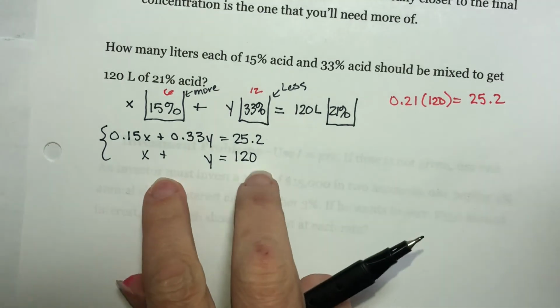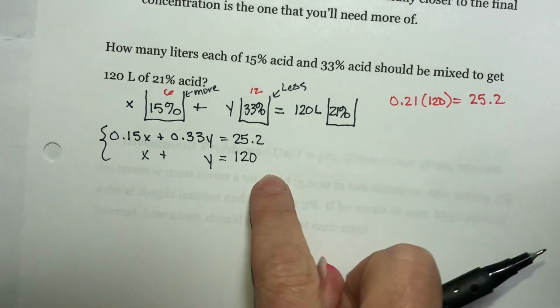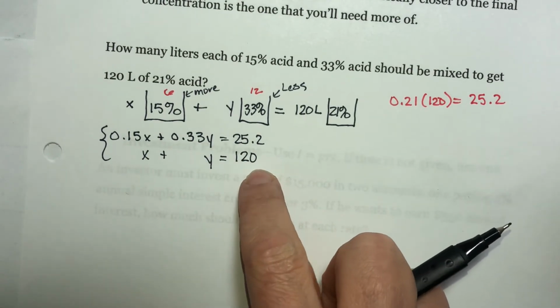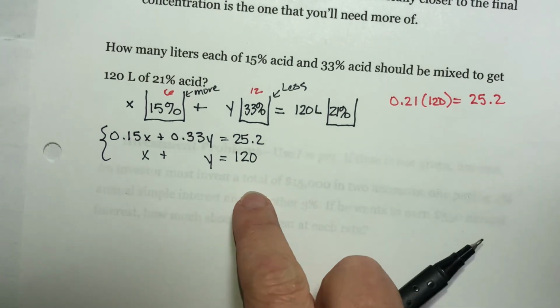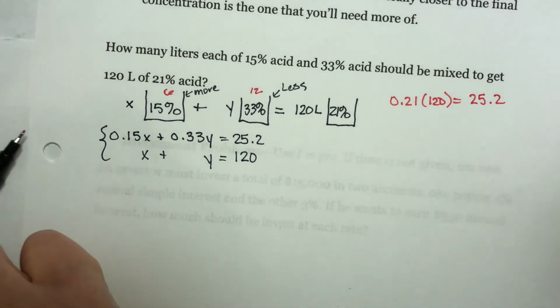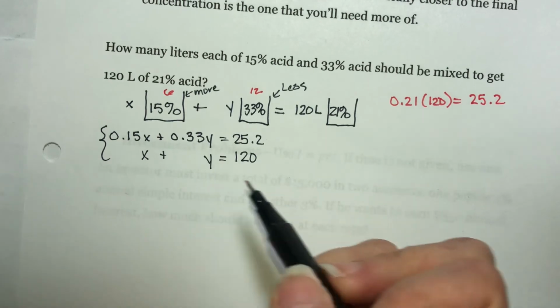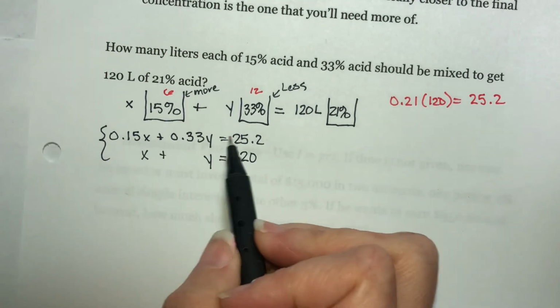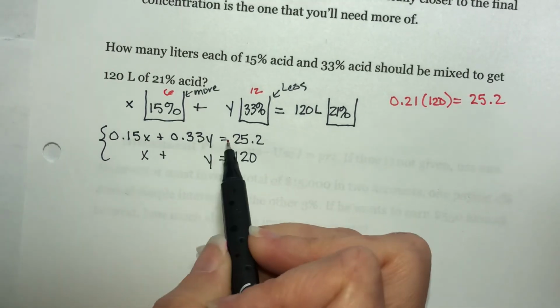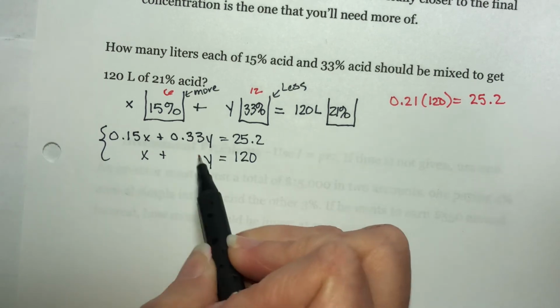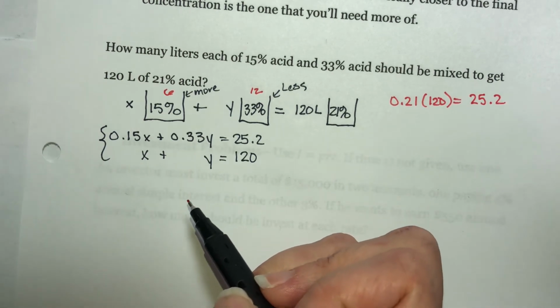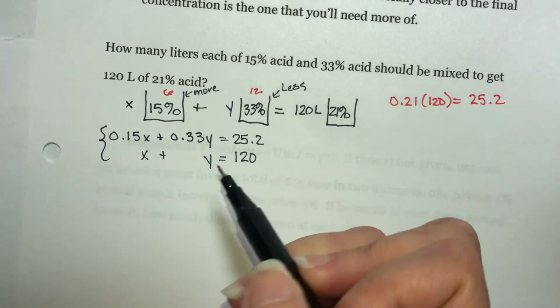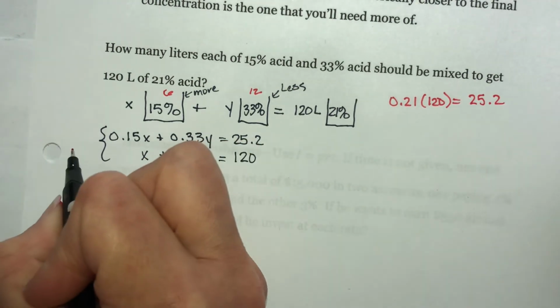Now I could solve one of these for X or Y, which would probably be this equation, and then solve it using substitution. I actually like elimination better here because my X and my Y are on the same side. Don't let the decimals mess you up. Just pick one of these to get rid of. Since these are both ones in front, it's not going to be that difficult. Just because this is a smaller number and no other good reason, let's get rid of X.